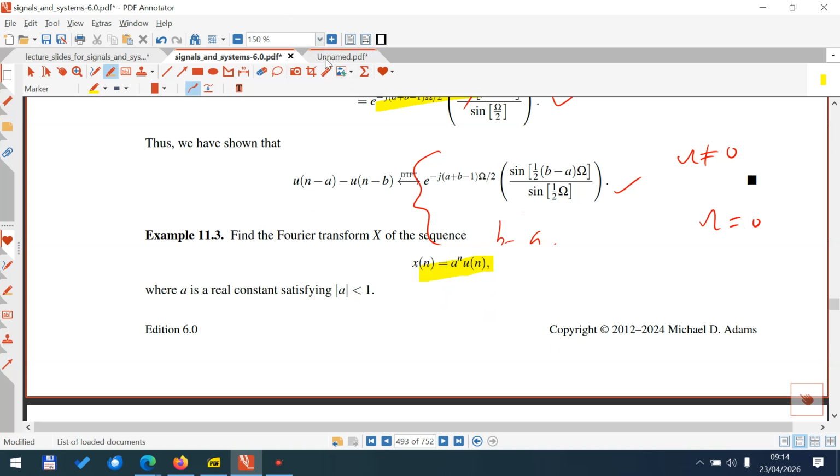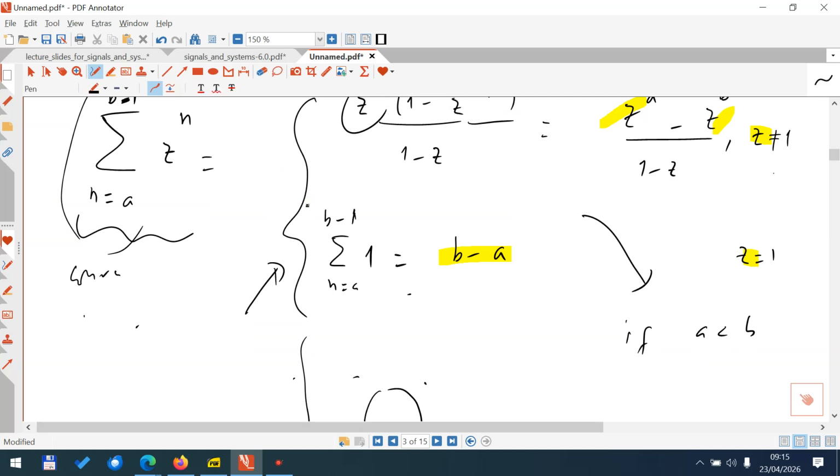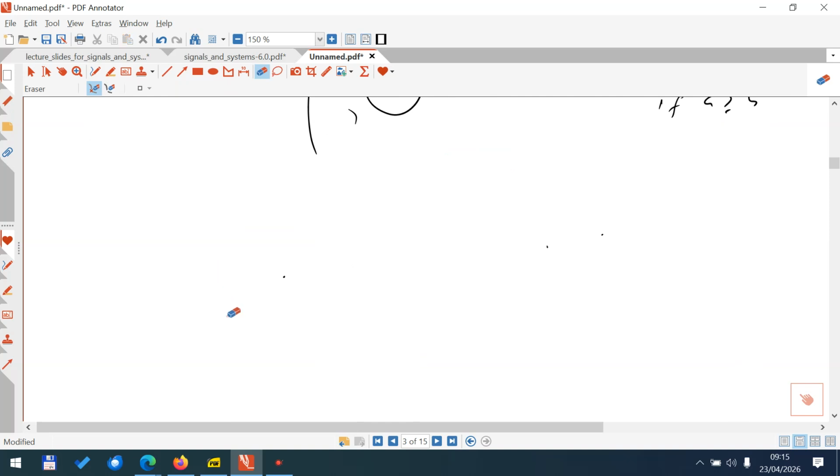So before I get to that, let's go back to that summation and let me change the upper limit, right? How will this simplify when the upper limit is infinite? So if I start with n equals a and this is infinite and this is z to n. So now what can I have?